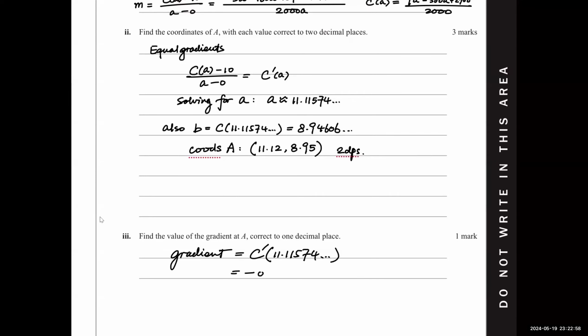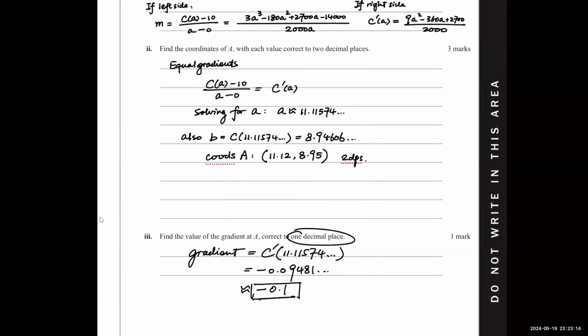And then that's minus 0.09 something, 481, etc. 1 decimal place, that is approximately minus 0.1, okay? Correct, 1 decimal place. So that's the end of the question 2, okay?